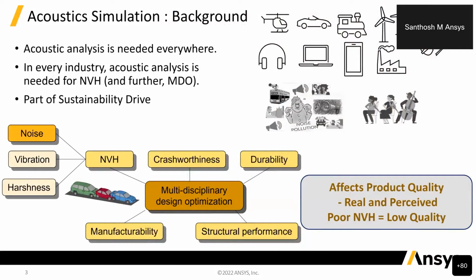So noise, vibration, and harshness is the common nomenclature for the audible sound between 20 to 20,000 hertz. As noise standards are becoming stringent across all industries, noise is also a significant factor in making buying decisions. So it is important to ensure that your product meets the industry noise standards and also performs acoustically better than the competitors.